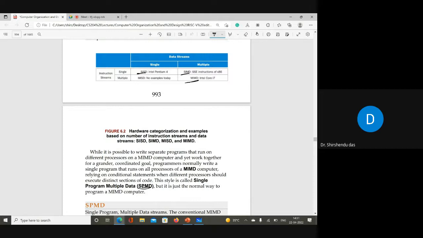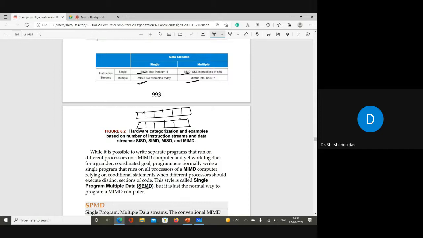Okay, so for MISD there is no real computer that exists for this model. MISD says multiple instruction, sorry, multiple programs, but a single data. If I can give an example, suppose we have two arrays like this, or you can say vectors.